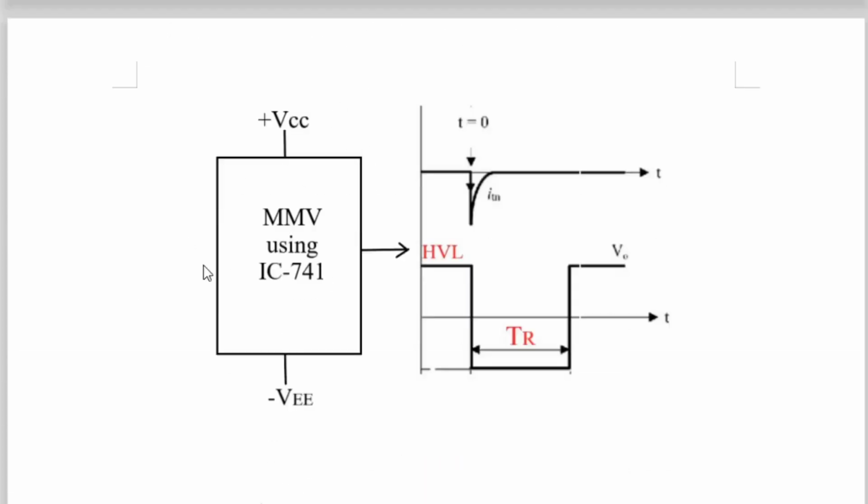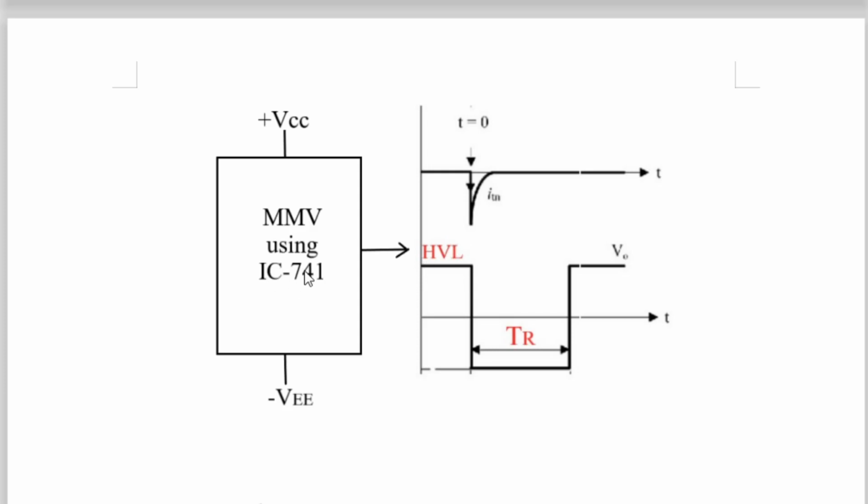If you look at this block diagram, in a black square box, MMV, monostable multivibrator using IC741, is written. Therefore, both power supplies, plus VCC and minus VEE, are applied to that block. If you look at the output, it is written that the output is HVL initially.